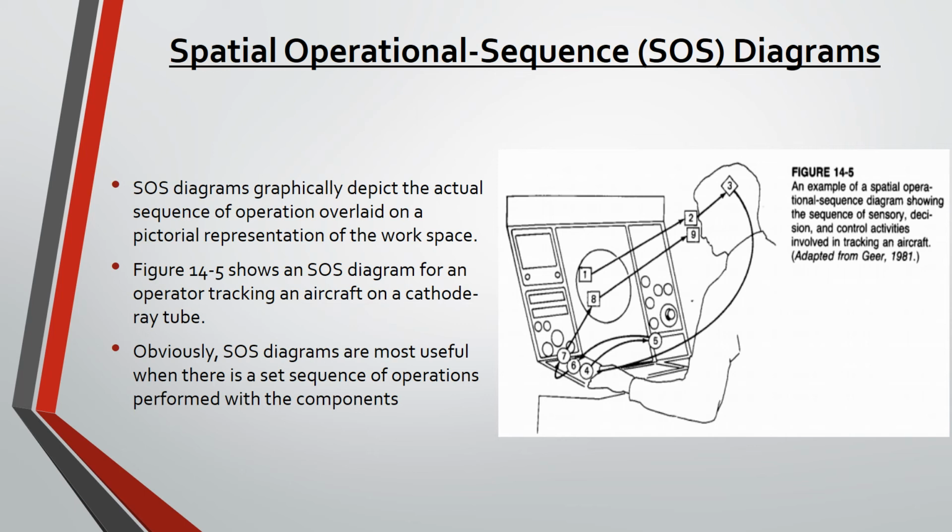The figure here shows an operator who is tracking an aircraft on a cathode ray tube. The numbers in this representation depict the sequence of the steps taken. So obviously SOS diagrams are most useful when a set of sequential operations is performed with components.